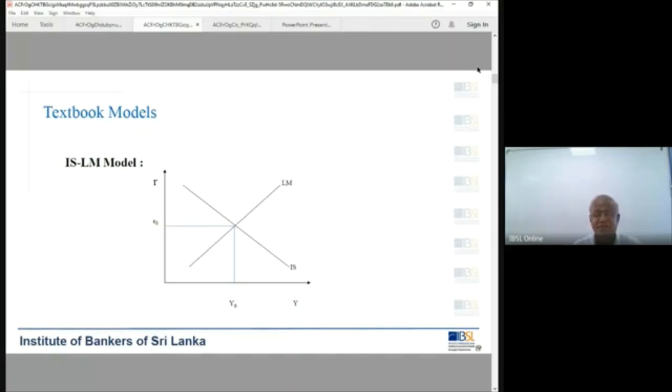This R naught indicates the equilibrium interest rate, the general equilibrium in the economy. If it is 8%, at that interest rate, the economy is in general equilibrium. What does that mean? Goods market and money market are in equilibrium. GDP is Y naught. At that interest rate, that is the GDP level.